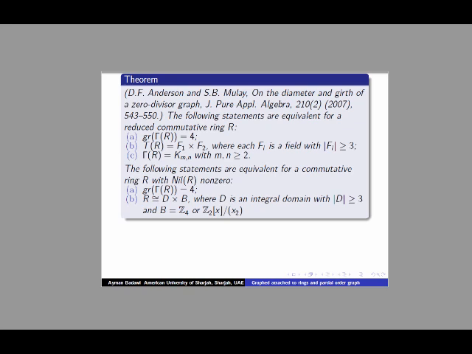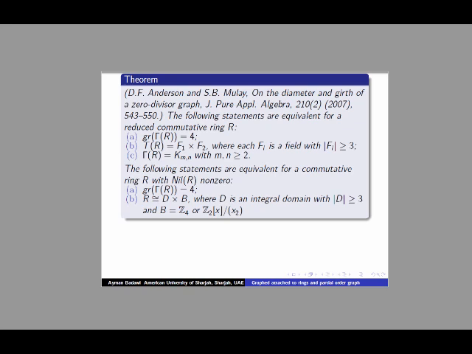Okay, the following statements are equivalent for a reduced commutative ring. The girth is 4. The zero divisor graph has to be a complete bipartite graph.